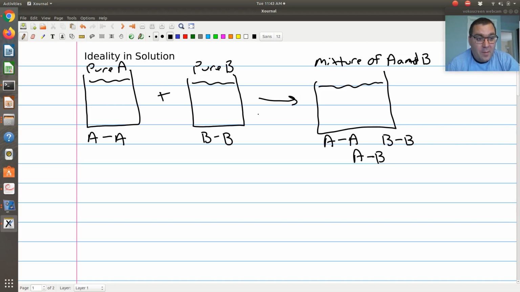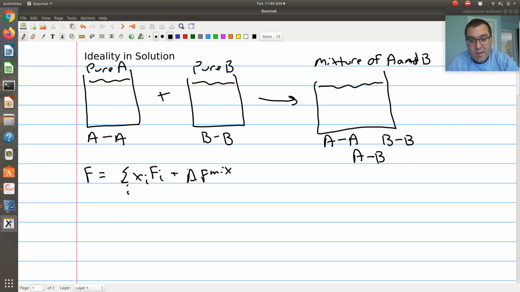So, where are we getting at with this? Well, if I let f be an arbitrary thermodynamic state function, I know that I can write f as being equal to the molar average f of the pure component systems that I'm mixing together plus delta f of mixing. What is delta f of mixing?